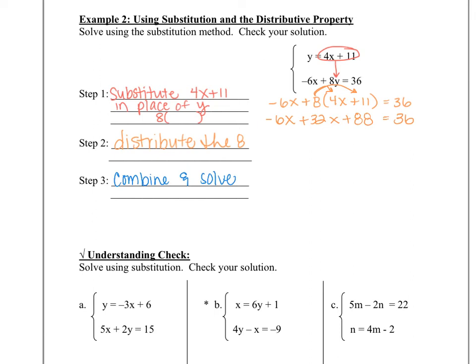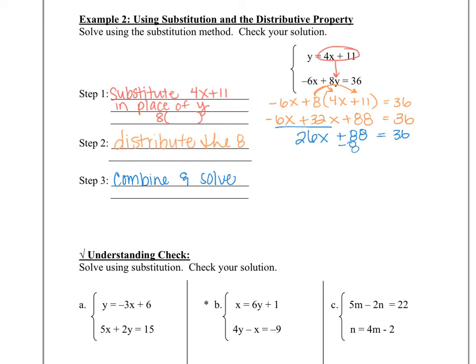So, negative 6 and 32. I don't even have a calculator in front of me. So, 32 minus 6 is, let's see, 32 minus 6, 26. You guys are probably way ahead of me. 26x plus 88 equals 36.